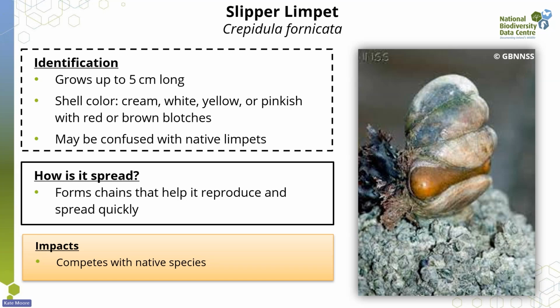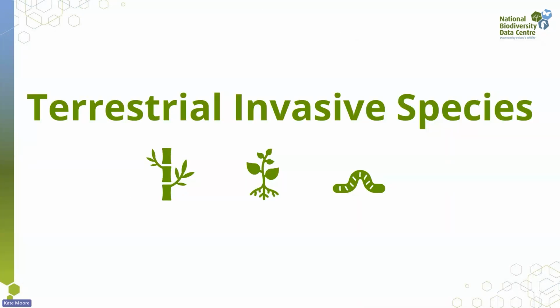And it has the ability to spread by forming chains of up to 15 individuals, and these can actually starve and smother native shellfish and be a serious pest of oyster and mussel beds. So it's quite impactful.